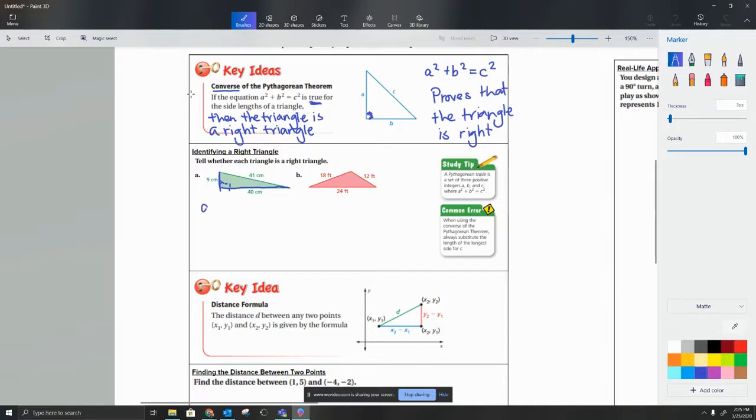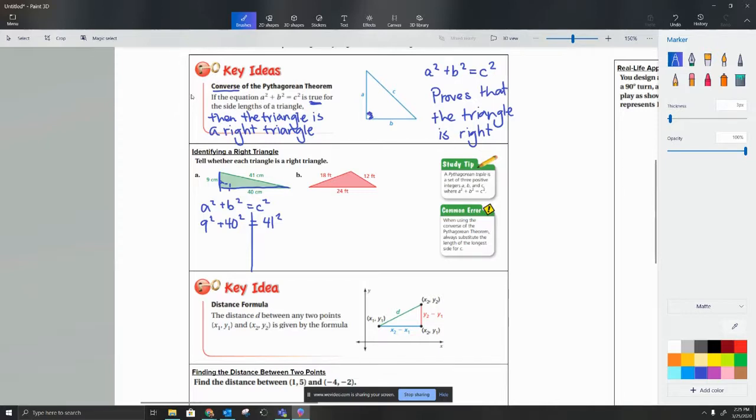We have to use the Pythagorean theorem to prove that it's right by saying that the Pythagorean theorem is true for these measurements. So since 9 and 40 are my legs, I'm going to do 9 squared plus 40 squared. And then C would be my hypotenuse, which should be 41 squared.